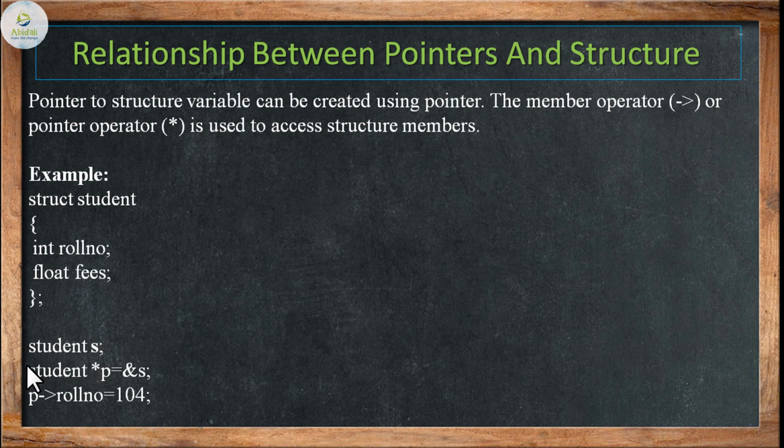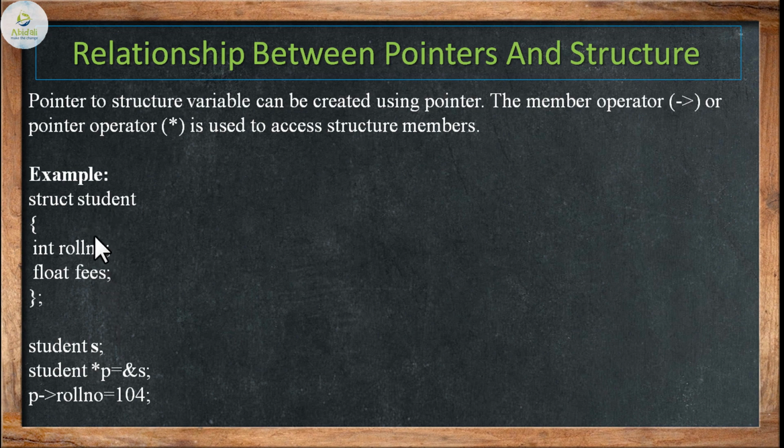If you consider only this statement, the statement over here is the pointer to the structure. Then the pointer is initialized. The pointer to the structure is initialized with the address of a structure member. That means it can access the data members of S. So what are the data members of S?